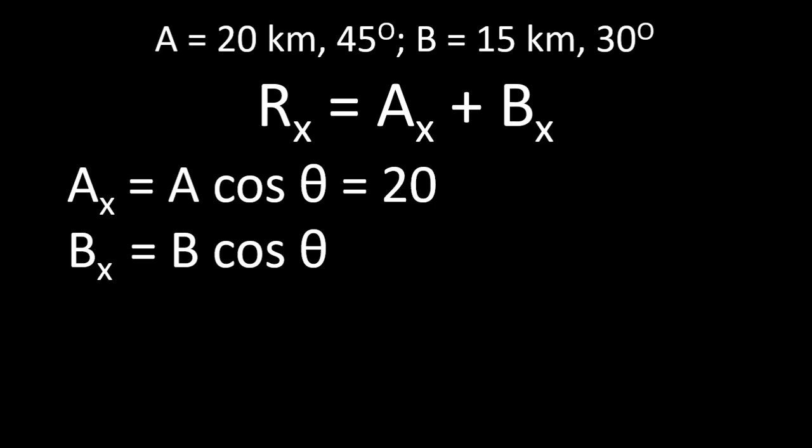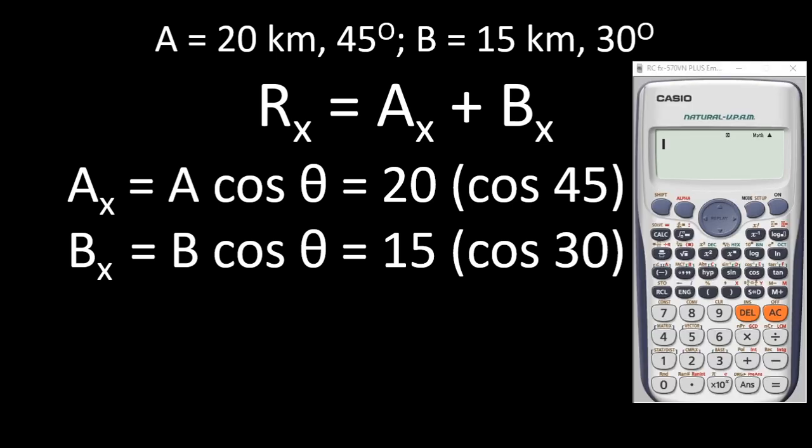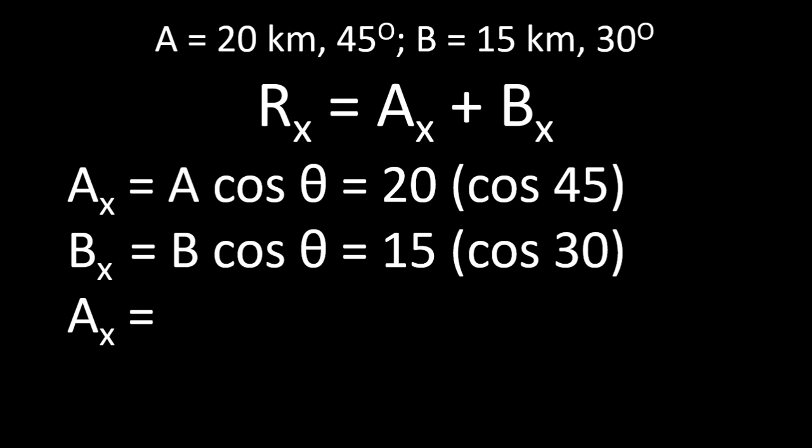Ax equals 20 times cosine 45, and Bx equals 15 times cosine 30. Let's compute. Ax equals 20 times cosine 45, which equals 14.14.